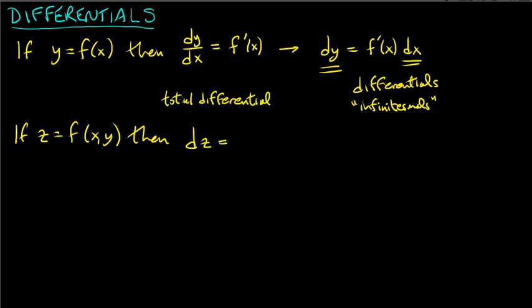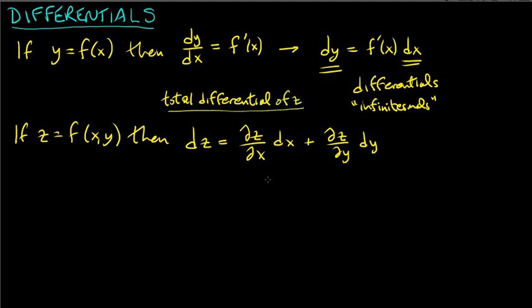So the total differential of z, or just the differential of z, is defined to be the following: it's the partial of z with respect to x times dx plus the partial of z with respect to y times dy.